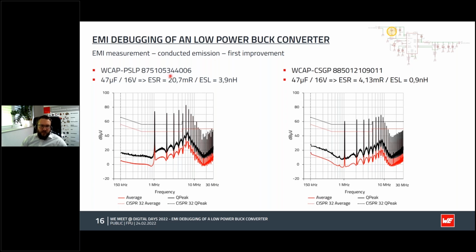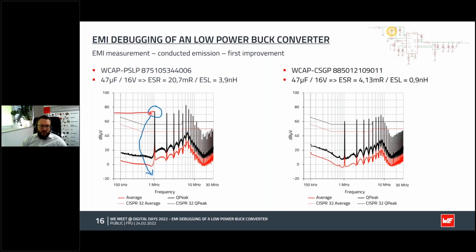And really, when we change the technology, going from an aluminum electrolytic to a polymer electrolytic capacitor, same capacitance, same voltage rating, you see that the ESR really goes down. It's a huge improvement, and the ESL also goes down.